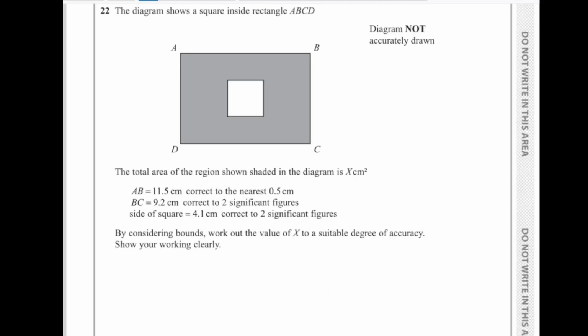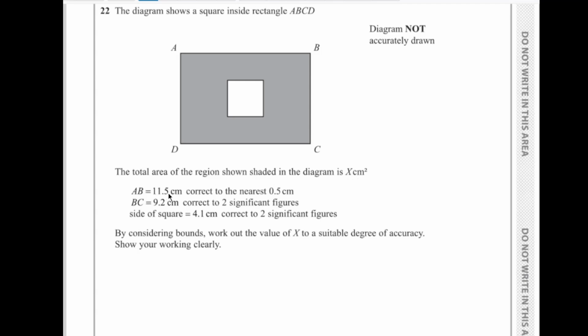Question 22 on the upper and lower bound. Let's see how to do this one. The diagram shows a square inside rectangle ABCD. The total area of the region shown shaded in the diagram is x squared centimeter.